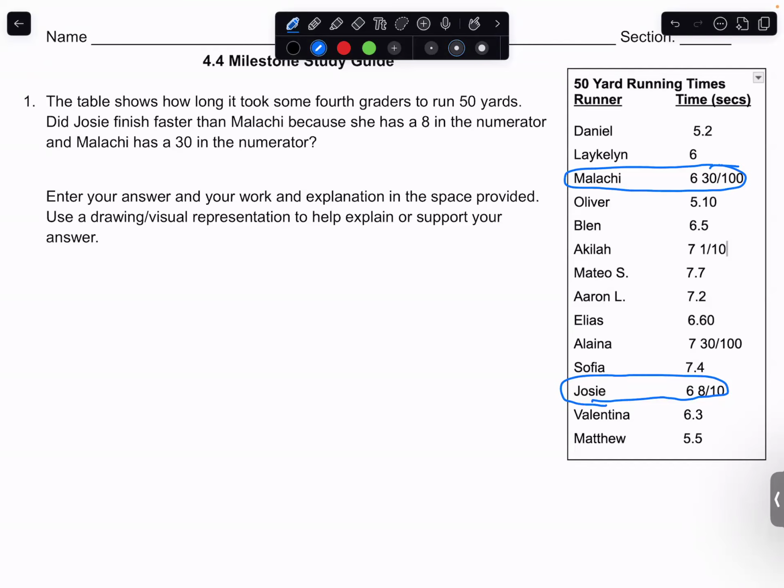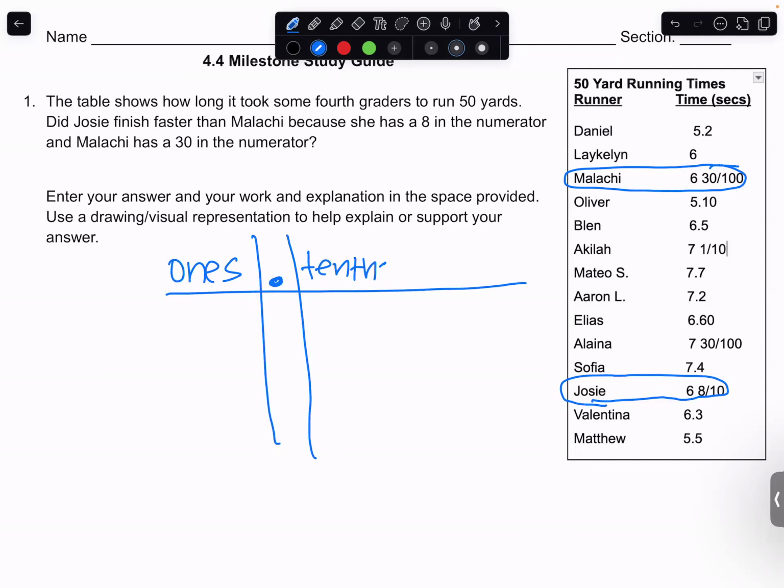So I'm going to draw my place value chart. So here we have my tenths, then my hundredths. I'm gonna write M for Malachi and then J for Josie. Malachi has 6, which is in the ones place.